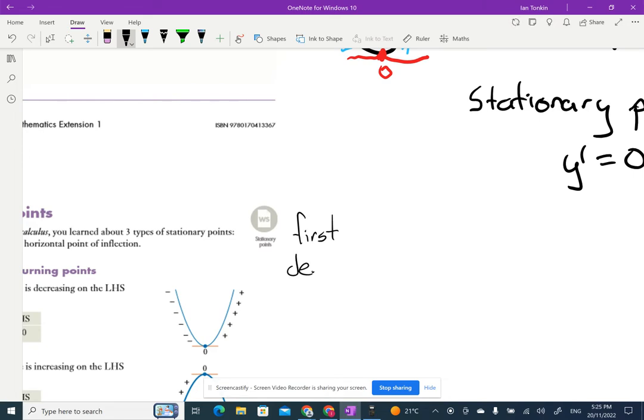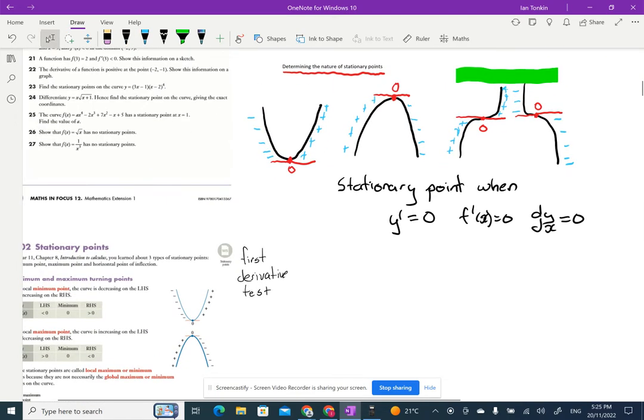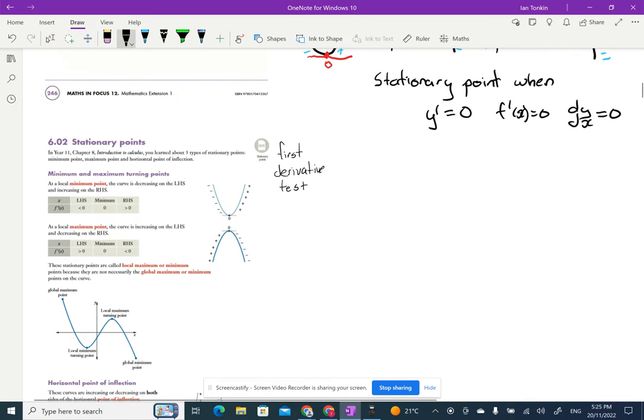If you're watching this and you've been away, I want you to leave some space underneath where you're making these notes in your book, because underneath the first derivative test, we're going to do the second derivative test to determine the nature of the stationary points that we find.